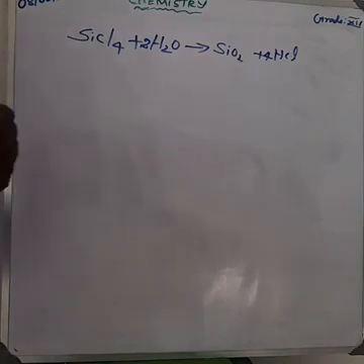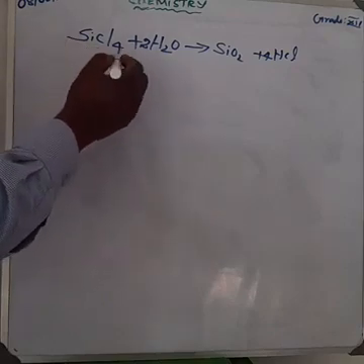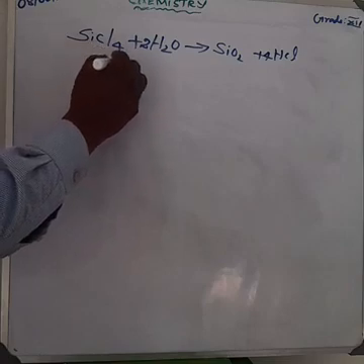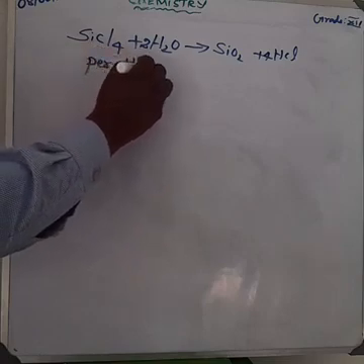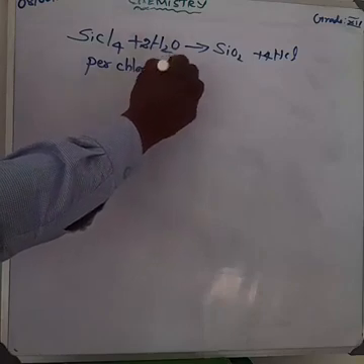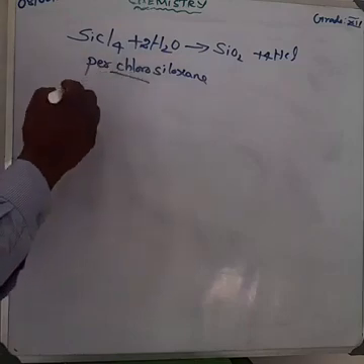Next, when silicon tetrachloride is hydrolyzed with moist air, we get a linear perchlorosiloxane product. How to write the equation?